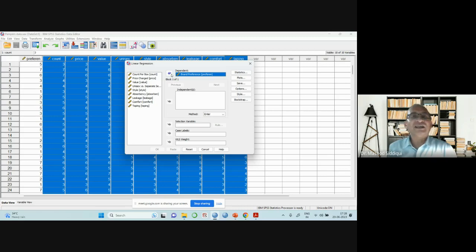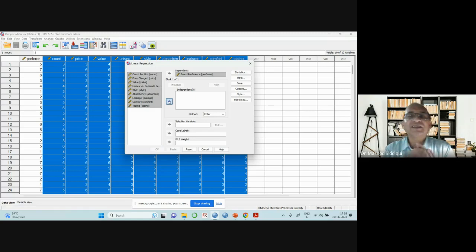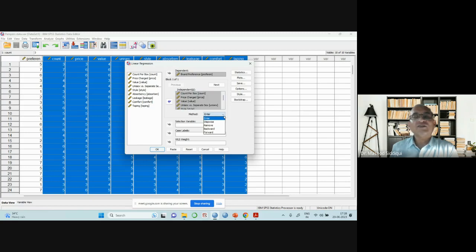Now, since we are running it for the first time, I'm entering all the variables in one go. All the variables are being entered simultaneously. This method is known as enter, where all the variables are entered in one go. There are other methods also. We can enter one by one, that is known as the forward method. We can enter the variables in different steps, that is known as the stepwise method.